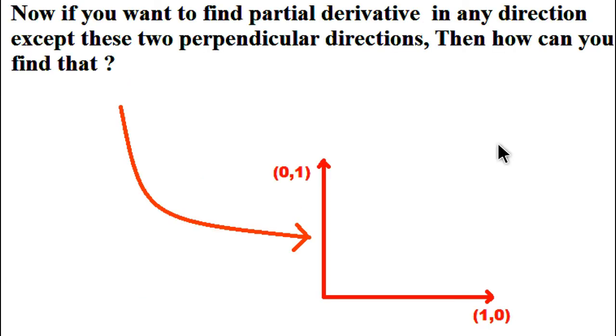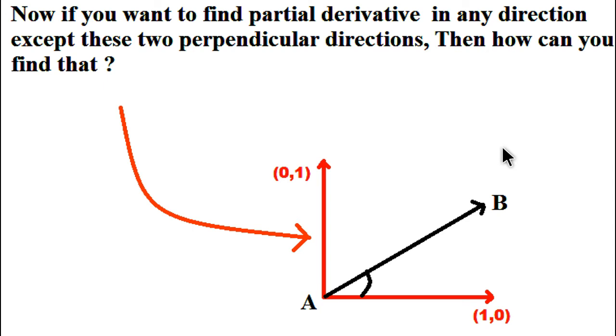Now, what happens if you find the derivative along any direction except these two perpendicular directions? Then how can you find that derivative? Suppose you are interested in finding the derivative in the direction of AB, then how can you find that?